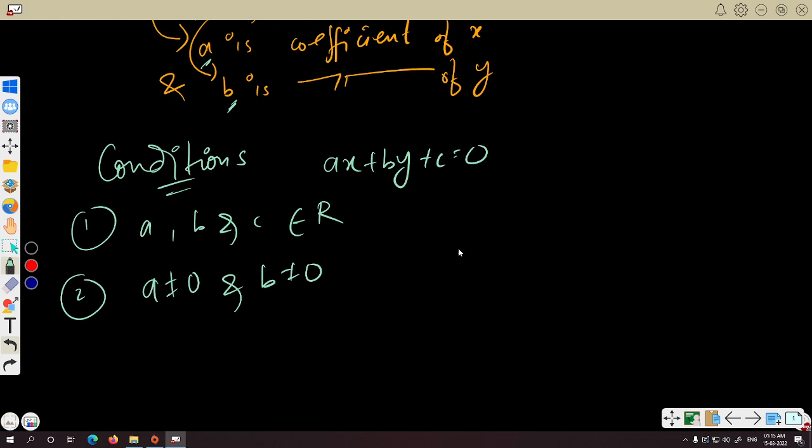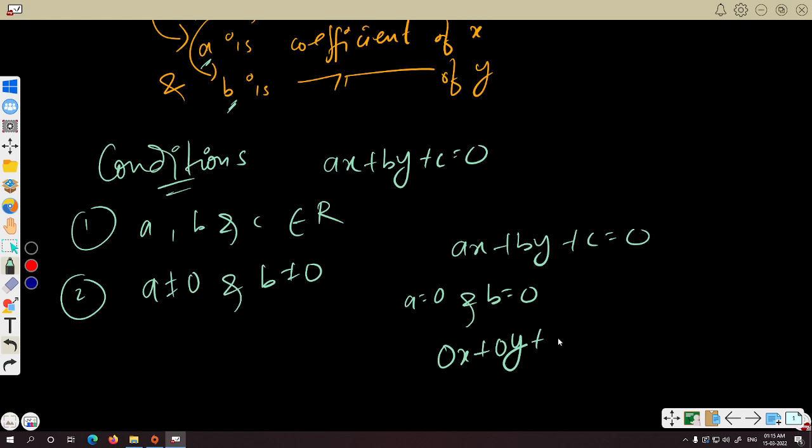Why is it so? If I look at this ax plus by plus c is equal to 0, if I put a is equal to 0 and b is equal to 0, what will happen to this equation? 0x plus 0y plus c is equal to 0. This equation will turn out to be c is equal to 0, which is not true.